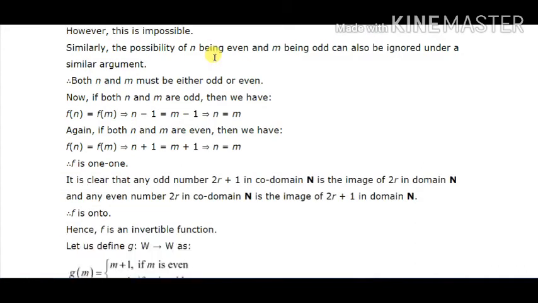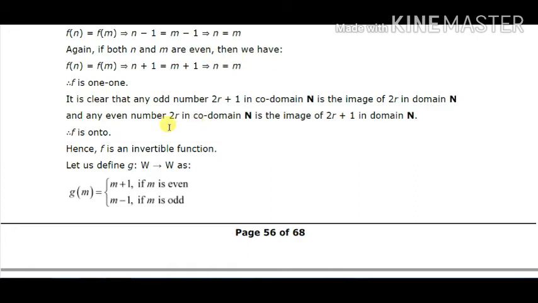So it becomes, if there is an even number in the codomain, then it will be the image of 2r plus 1 in the domain N. So f is onto. In both the cases we have shown that the pre-image exists. Hence f is an invertible function.